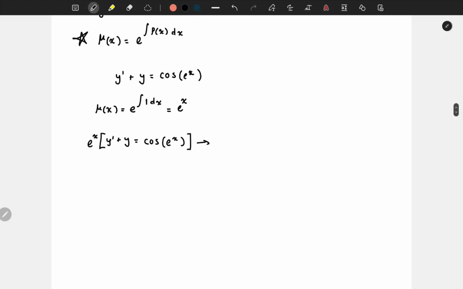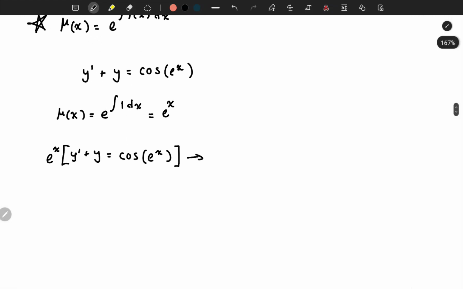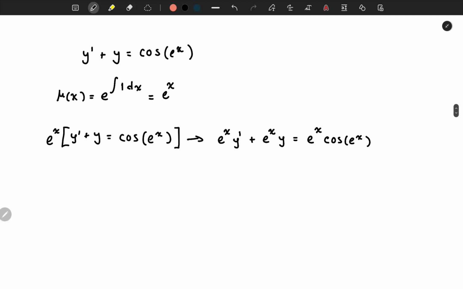And so this ends up becoming e to the power of x times y prime plus e to the power of x times y, which is equal to e to the power of x times cos e to the power of x.